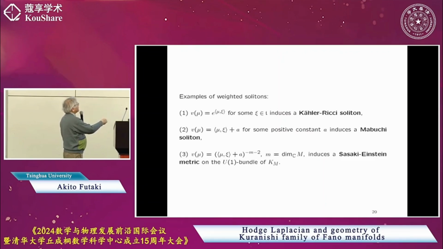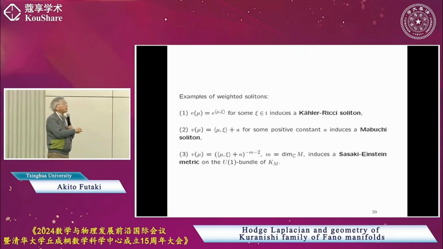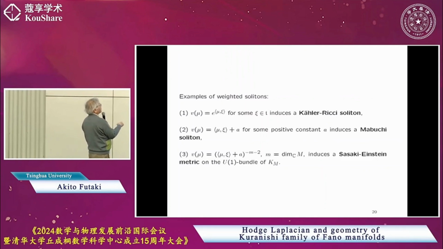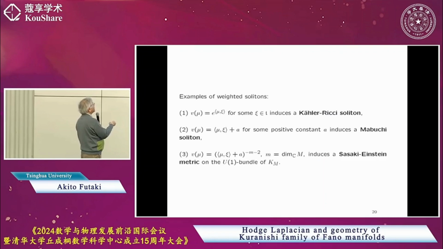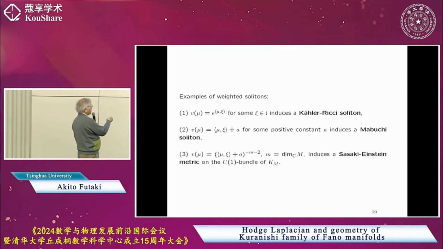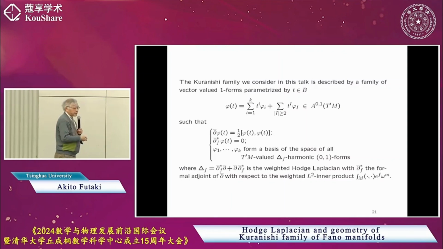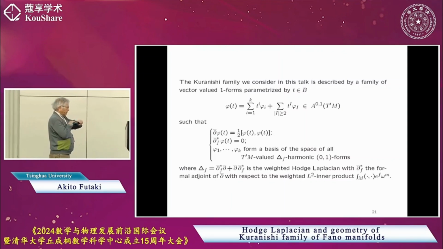This induces a Sasaki-Einstein metric on the U(1) bundle of the canonical line bundle. This is a somewhat unexpected example of a weighted V soliton. Our theory includes all of these as special cases, and then we try to extend.